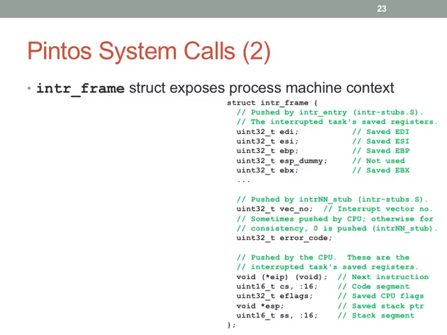So intr_frame. This is basically the machine context that the kernel system call handler gets to see in Pintos. And you'll notice that it's got a whole bunch of junk. Okay, we have EDI, ESI, EBP, blah, blah, blah, all of this stuff. And then you have all this other stuff. And you'll notice something interesting.